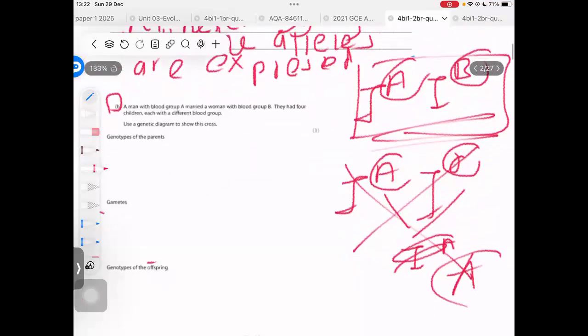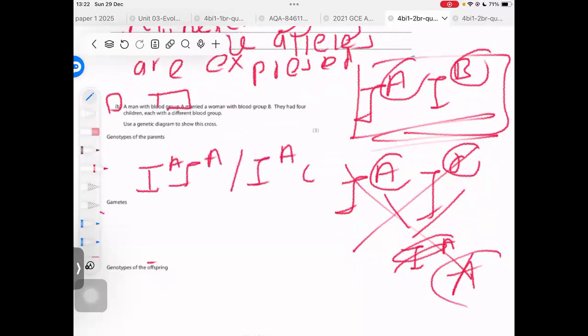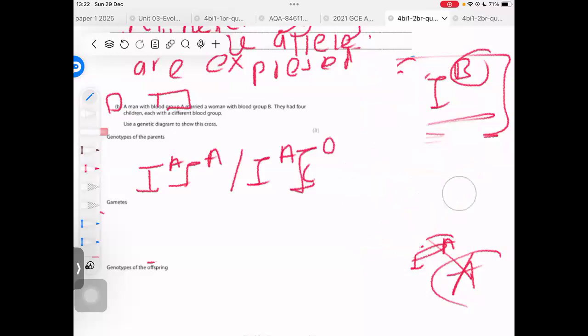A man with blood group A could be IA IA, or it could be IA I naught.